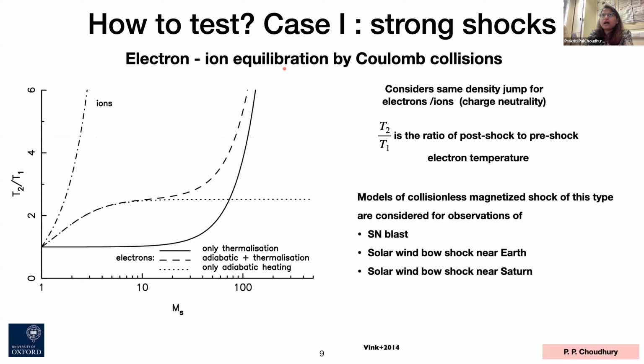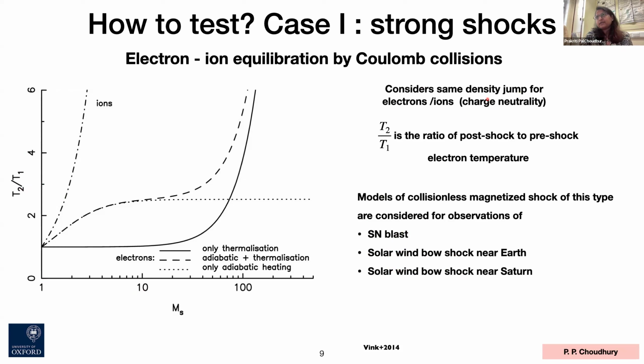In order to understand whether the electron-ion equilibration timescale is short or not, there has been quite a bit of work in some other fields, for example, supernova or solar wind shocks, because data is available more easily there. In this particular plot on the left, the y-axis is the electron post-shock to pre-shock temperature ratio, and the x-axis is the shock Mach number, or in other words, how strong the shock is.